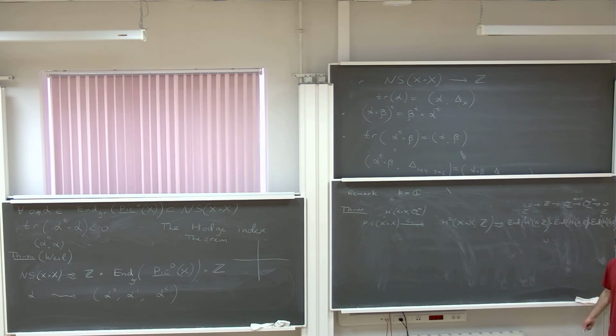If you have an algebraic map from X to X, of course it gives you a map from this group to itself, but it preserves the Hodge structure.